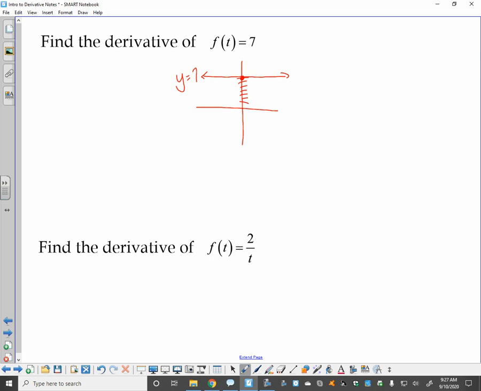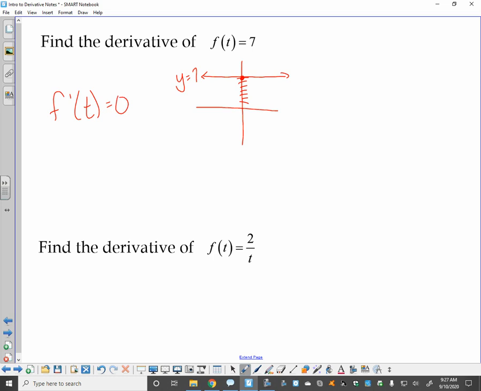Tangent line's never going to change. So the slope of all these tangent lines that are going to touch y equals 7 are all going to be horizontal lines, so their slopes are all going to be 0. No math needed.